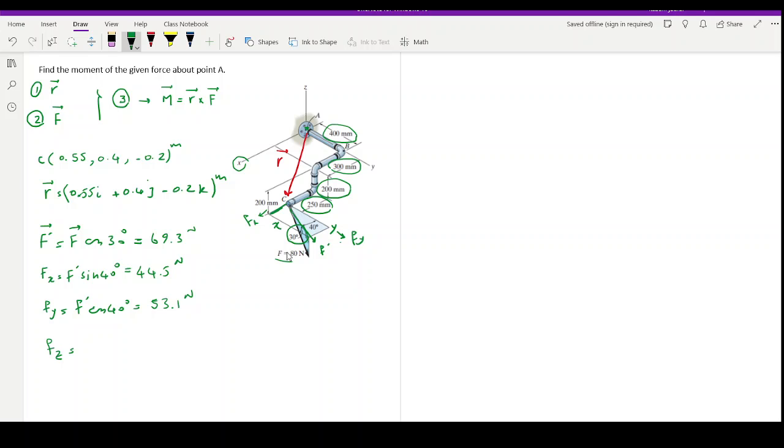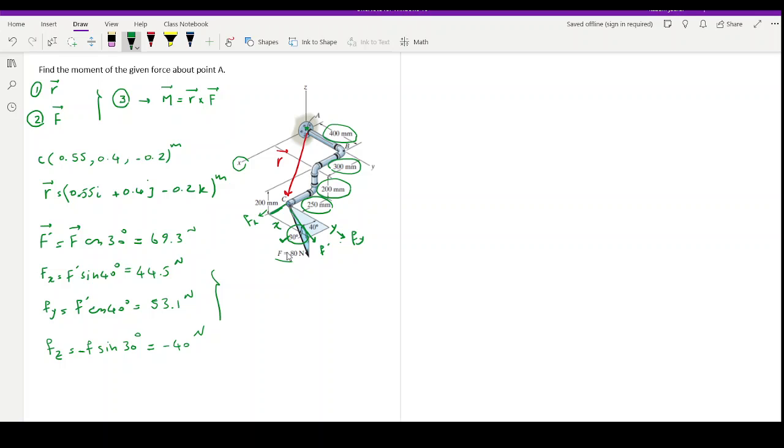Now we need Fz also. Based on this given angle, which is 30 degrees, Fz is going to be F itself times sine 30 degrees. But because it's acting in the opposite of the z direction, I have to put a negative in front of it. It's going to be negative F sine 30 degrees, and it's equal to negative 40 Newtons.